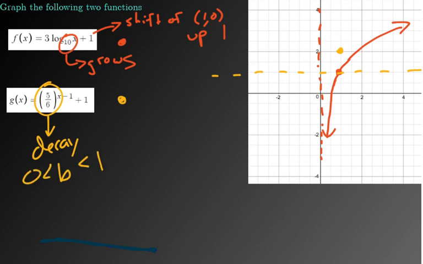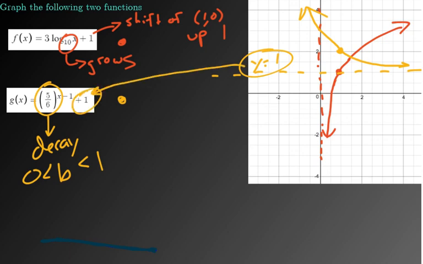And so we just sort of fall down through that point and get close to that dotted line that goes through 1, right? This is y equals 1. And that y equals 1 is really dictated by that 1 right there. So that's really all I'm looking for. 1 point, a dotted line, and general shape.